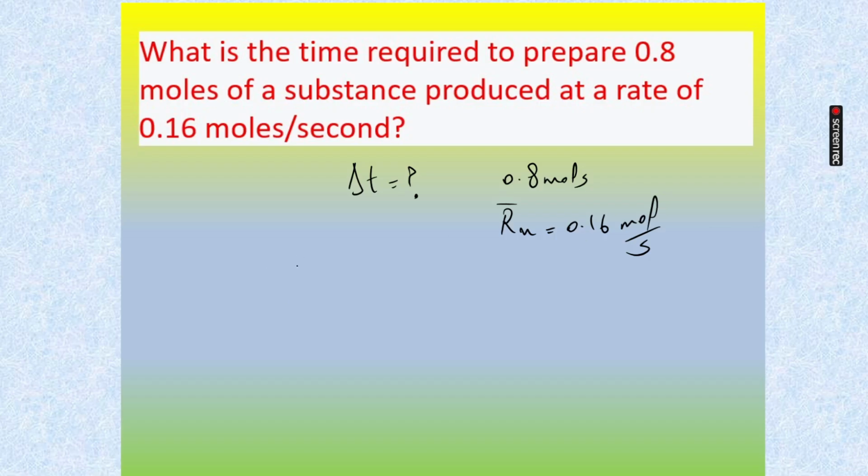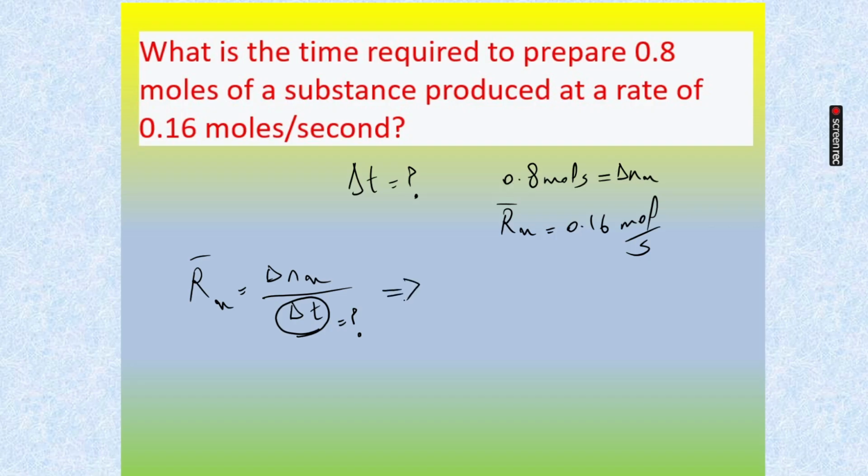So you have to write the average rate for X is delta nX over delta t. And delta t is what you're looking for, and you have delta nX, which is 0.8 moles.